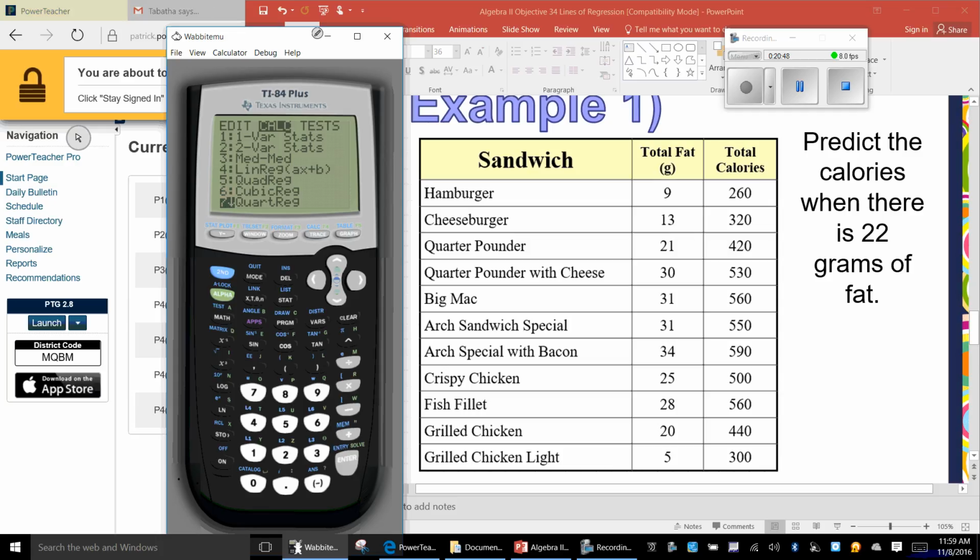Choice 7, what would quartic be? To the 4th power. There you go. If you choose choice 10, that's your exponential regression. And we're going to be looking at that. We possibly might be looking at the ln. The ln is the natural log. Okay, so if we look at a logarithmic, we'll possibly be looking at the ln.